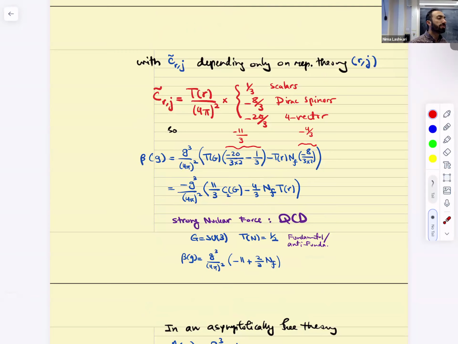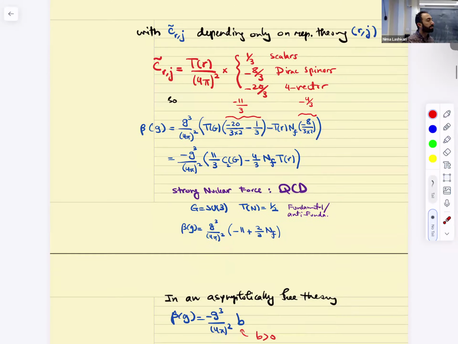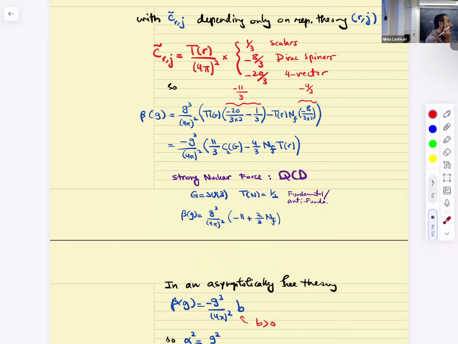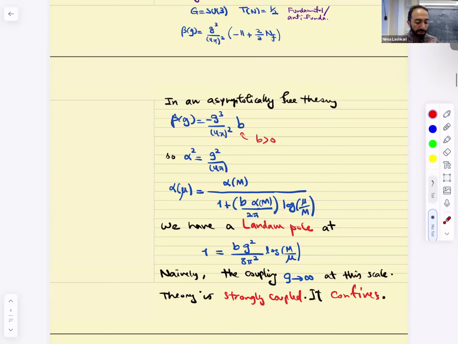I called it T2 of G, it's N for SU(N), right? And T of R, the fundamental representation, is half. So in the case of QCD, this becomes minus 11 plus 2/3 N_F, if N_F is small enough. This is how we ended up with negative beta functions, or asymptotically free theories.